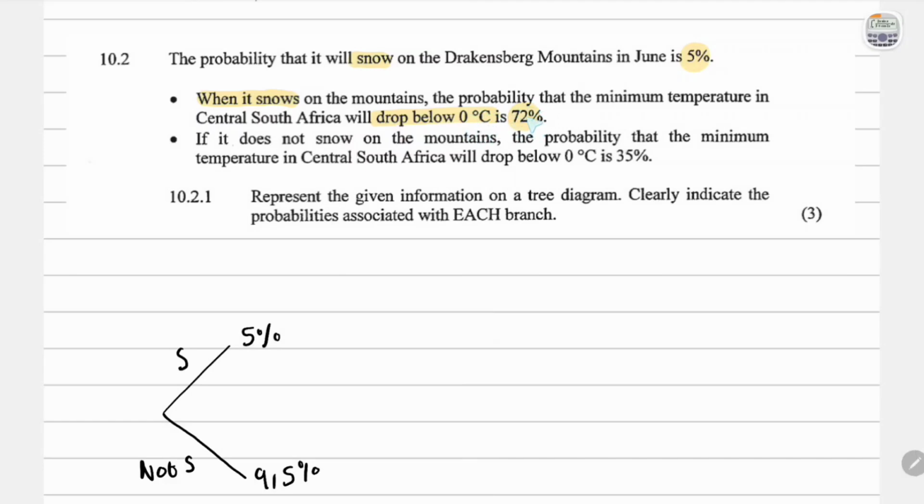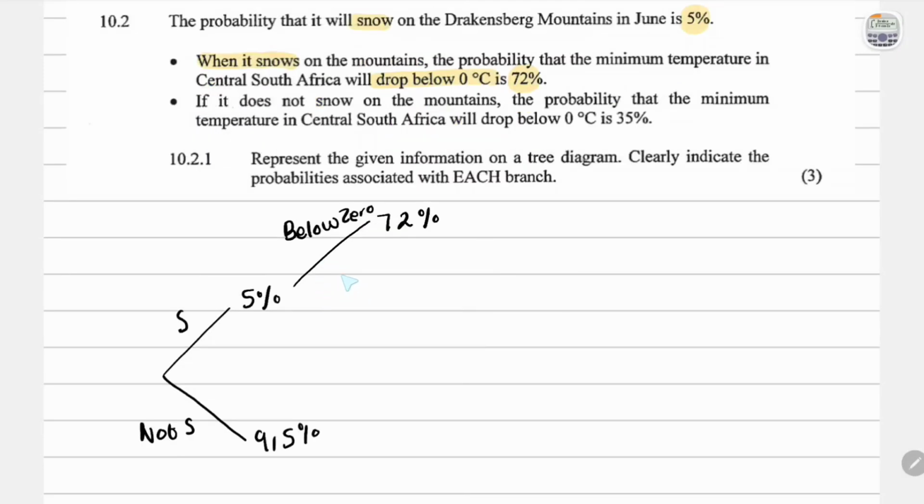So this is the probability. The condition that they're referring to is the temperature dropping below 0 degrees. So when it snows, we're going to follow the branch where it snows. And now they're telling us that the probability that it drops below 0, so we can say below 0, okay, is going to be 72%.